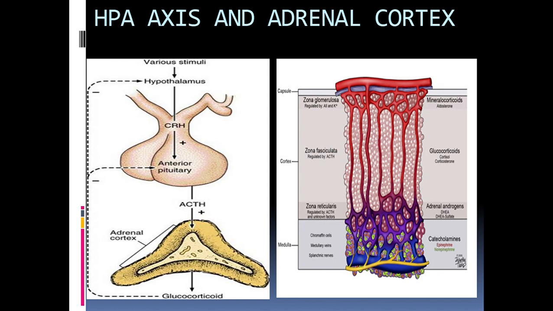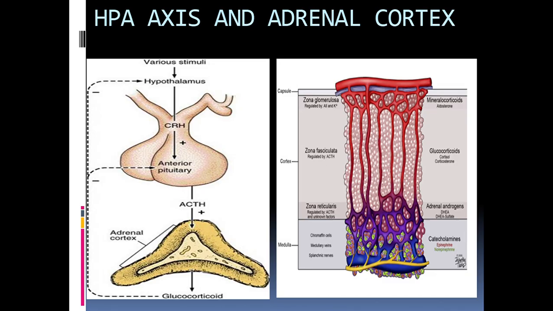From the zona fasciculata, glucocorticoids are released, that is cortisol and corticosterone. From the zona reticularis, the adrenal androgens like DHEA, dehydroepiandrosterone sulfate, are released, and from the adrenal medulla the catecholamines epinephrine and norepinephrine are produced.